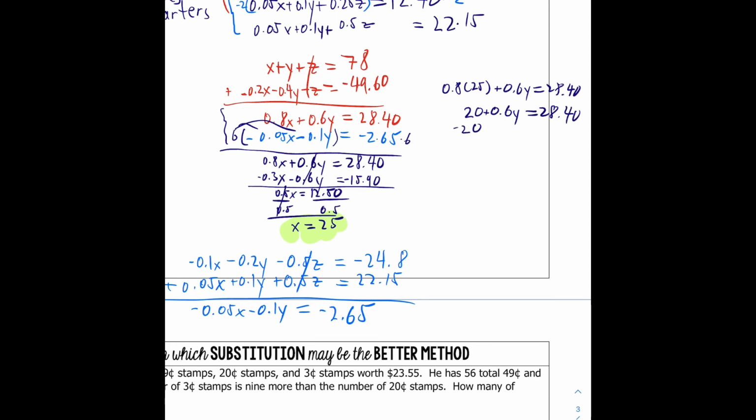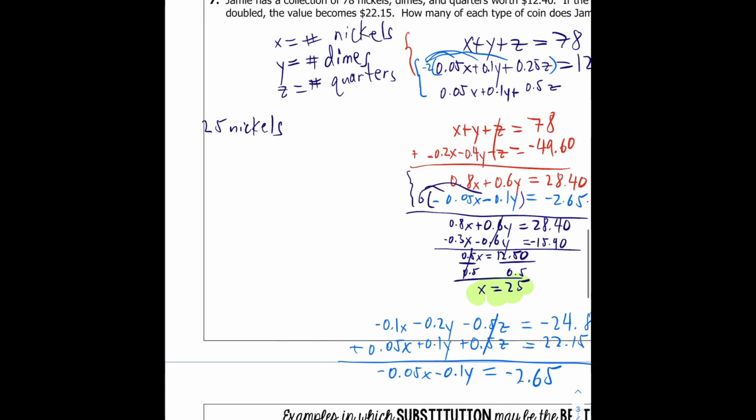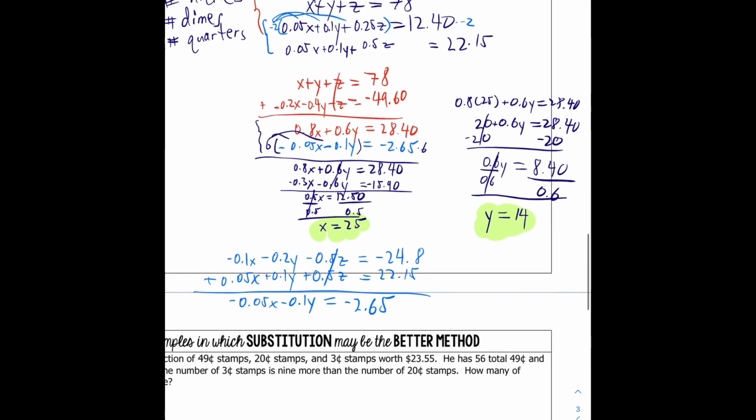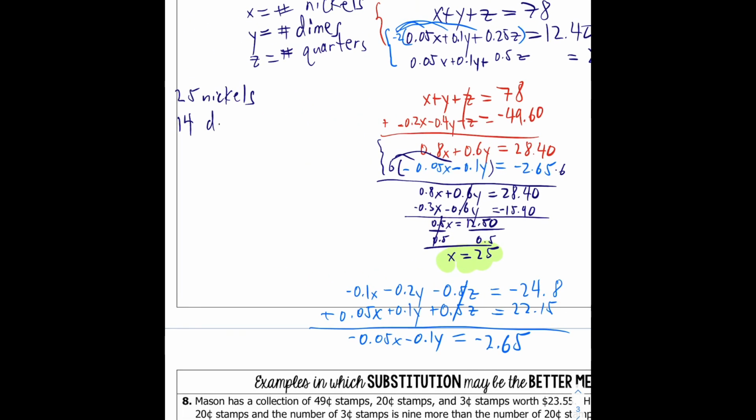Subtract 20 from both sides, 0.6y equals 840. Divide both sides by 0.6. Get 14. So, what was y? Number of dimes. He's got 14 dimes.